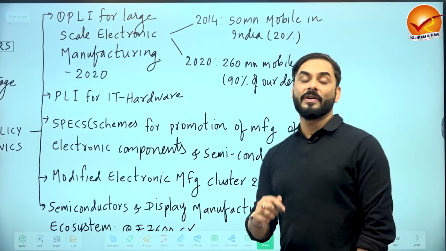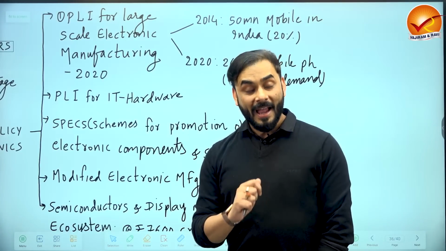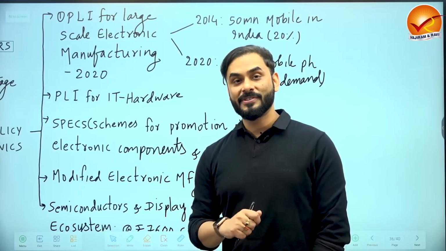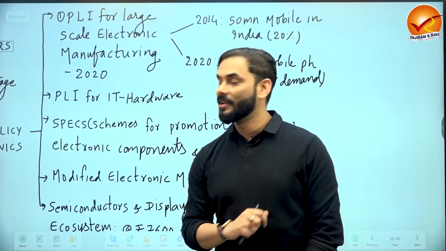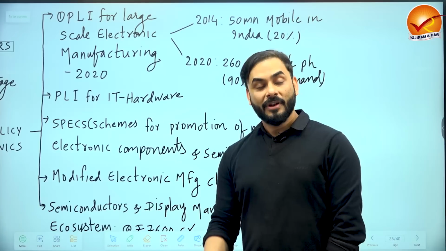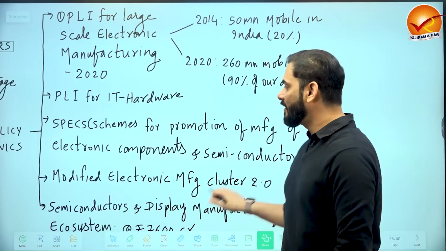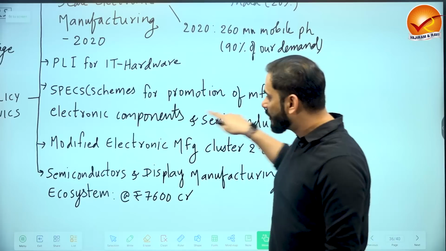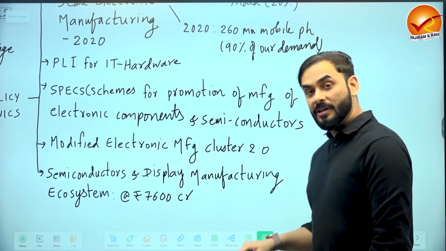This gave hope to our policymakers that yes, the production linked incentive scheme is working. And the government of India started to launch more production linked incentive schemes. Electronics was the one where we saw good results, so we thought we'll launch more production linked incentives. So another scheme was launched, production linked incentive for IT hardware. For example, tablet computers, etc. There is another scheme in India called SPECS, Scheme for Promotion of Manufacturing of Electronic Components and Semiconductors, and Modified Electronic Manufacturing Cluster 2.0.